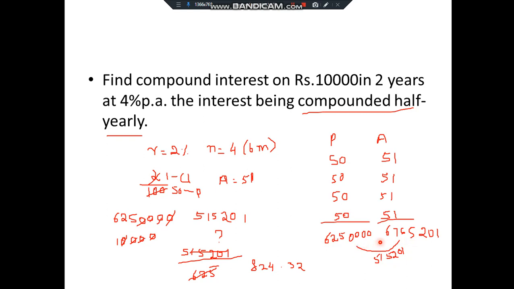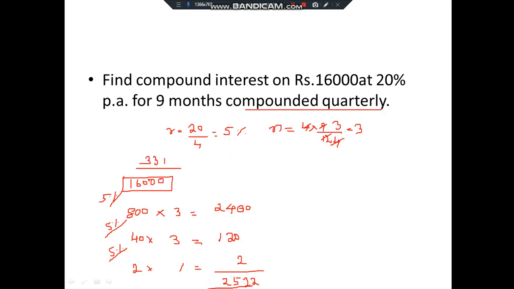So our question is, when your principal is 10,000, what is your CI? So just cancel and finally find the value of X as 824.32. You can choose any method, whichever you find easy, but you should be strong in your calculation part. I hope you understood.